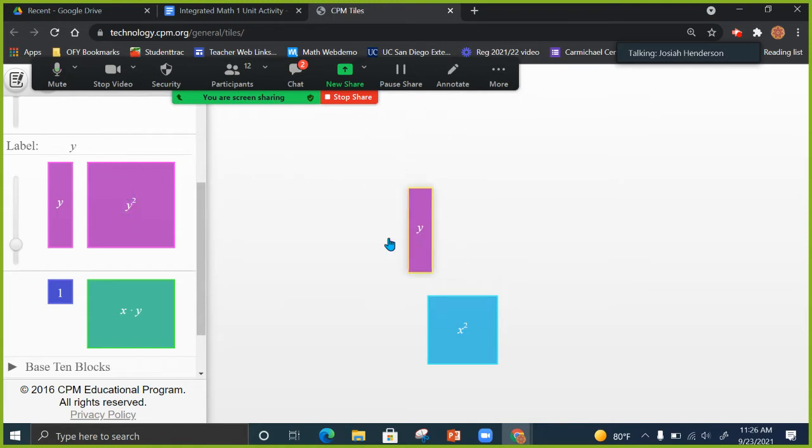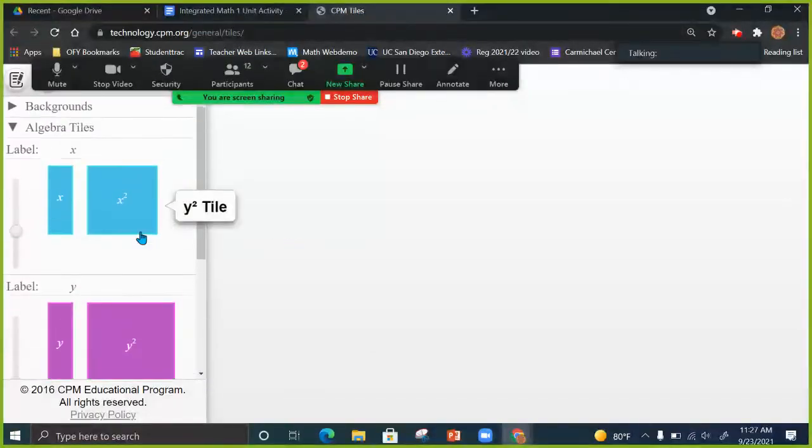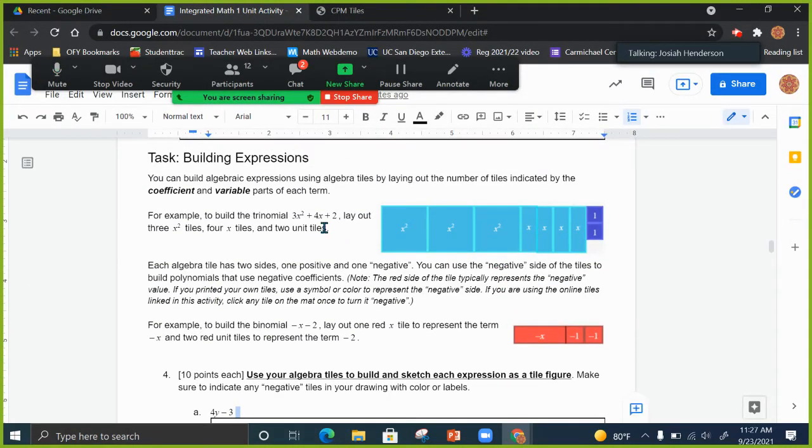So let me get these out of here. We'll start number 4A. 4A is 4y minus 3. Okay. There's a couple ways we could do this, and I'm not going to mark anyone as a 0 as long as you're trying. They give us a model to follow above number 4.